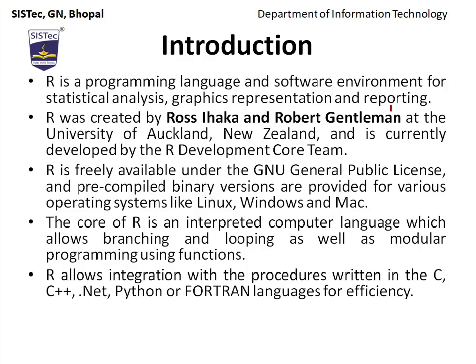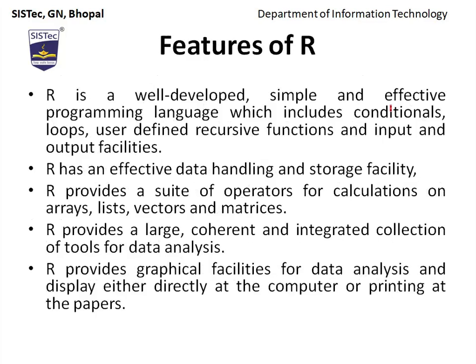The core of R is an interpreted computer language which allows branching and looping as well as modular programming functions. R is also capable of integrating with procedures written in programming languages like C, C++, .NET, Python or Fortran for much more efficiency.